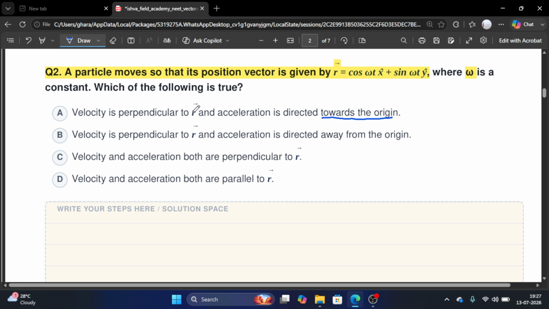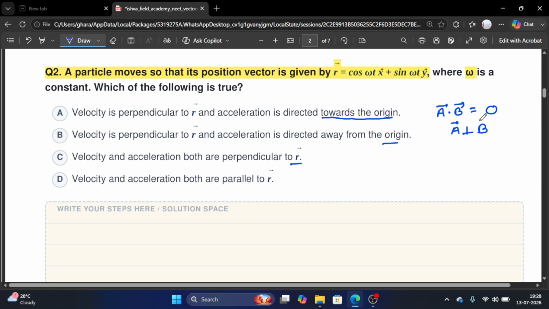In the second one, velocity is perpendicular to r and acceleration is directed away from the origin. Velocity and acceleration both are perpendicular to r. And velocity and acceleration both are parallel to r. So from the concept of dot product and cross product, we all know if a dot b, the dot product, is 0, that means a is perpendicular to b.